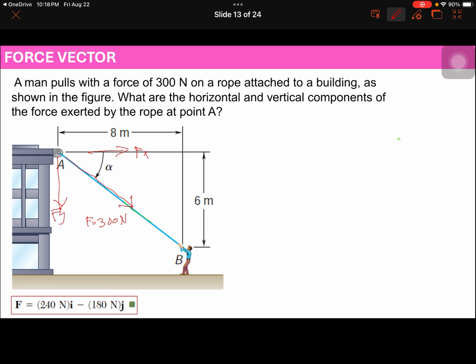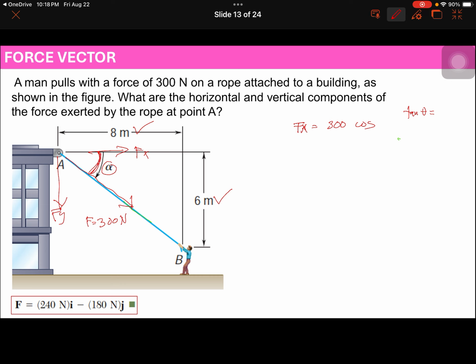So, to get that, Fx, cosine tayo ng force, 300 cosine ng angle. Wala tayong angle. So, hindi given ang angle, pero given yung dimensions. So, using that, pwede natin kunin ang angle. So, paano kukunin si angle? That is tangent theta equal to opposite over adjacent.